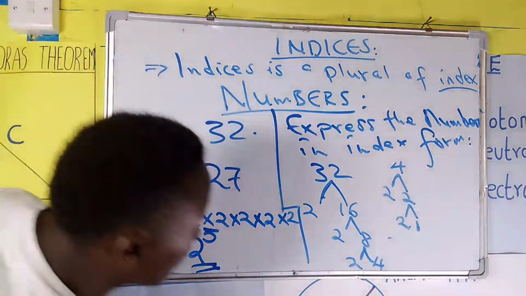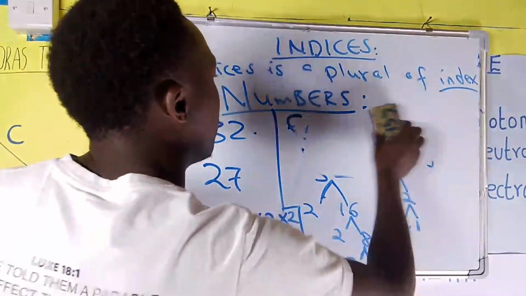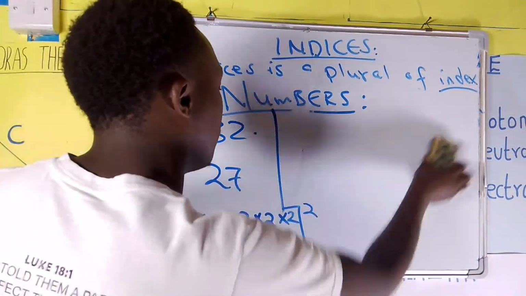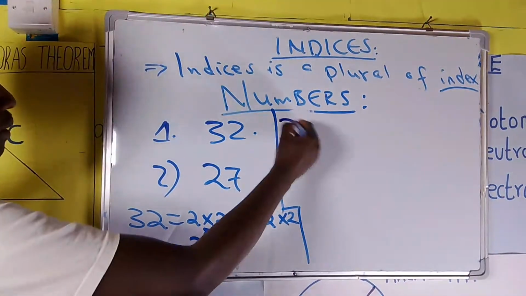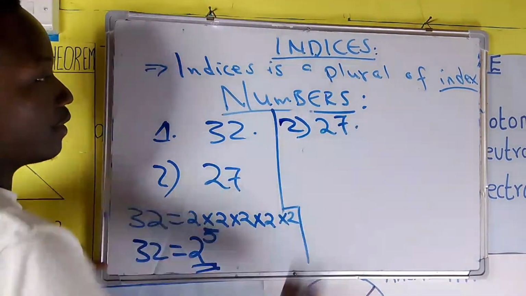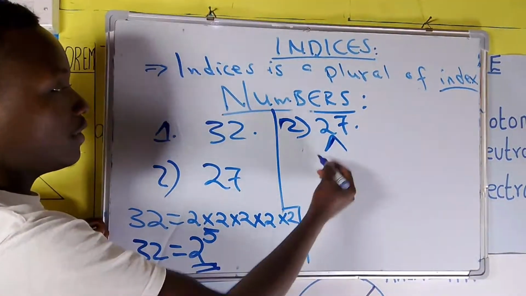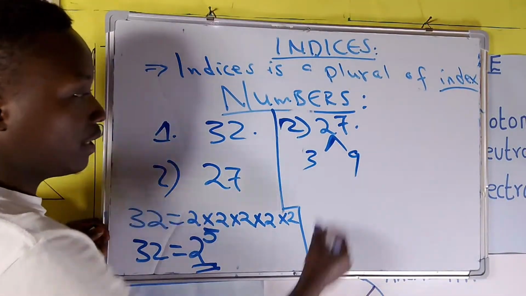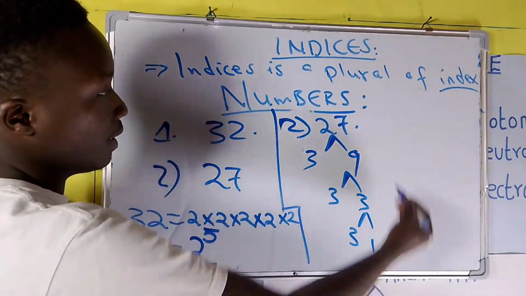So let's express the second one, 27. Number 2 is 27. The smallest divisor of 27 is 3, which will give us a 9. A 3 will give us a 3, and a 3 will give us a 1.